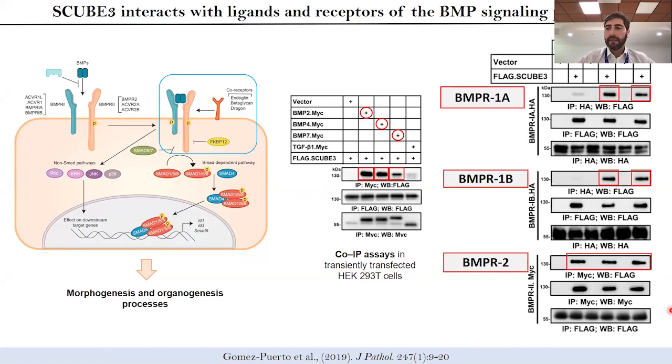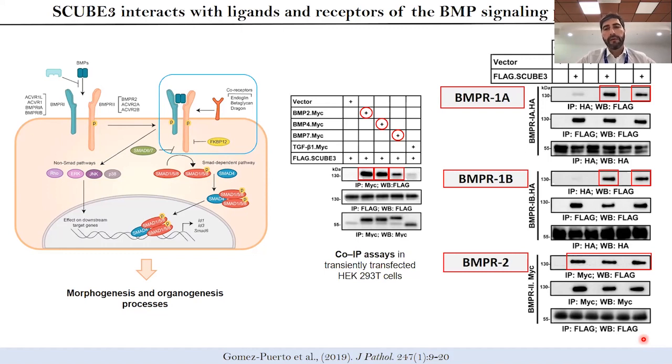Inside the cells, this BMP signal has a system of transduction mediated by SMAD proteins, in particular SMAD1, 5, and 8. This is definitely required for the control of gene expression, which is important for morphogenesis and organogenesis processes during embryo development.